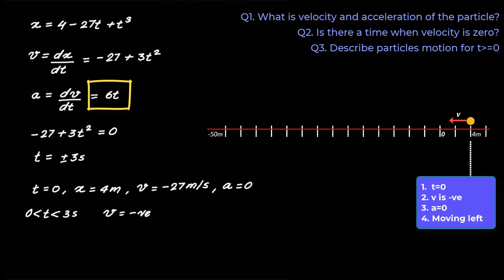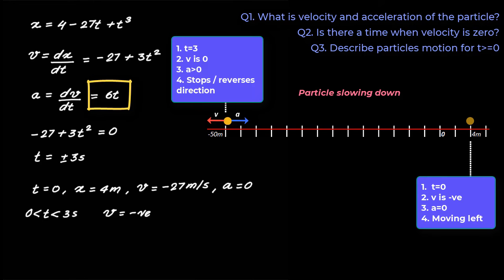We also observe that the direction of velocity is negative, but the direction of acceleration is positive, which means the particle must be slowing down. And we actually found earlier that the velocity became 0 at t equal to 3 seconds.